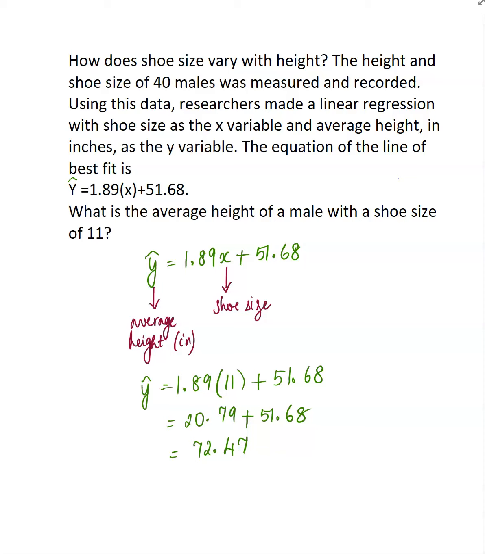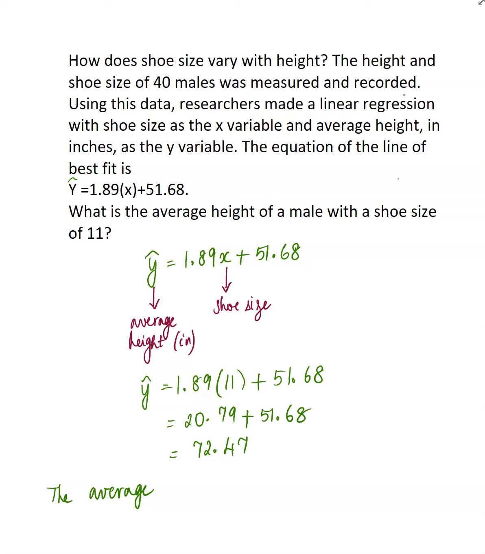Well, you are asked to interpret this. Now it says the height and shoe size of 40 males were measured and recorded. So if that was the case, we don't have access to that list. So we really can't tell if this is interpolation or extrapolation.